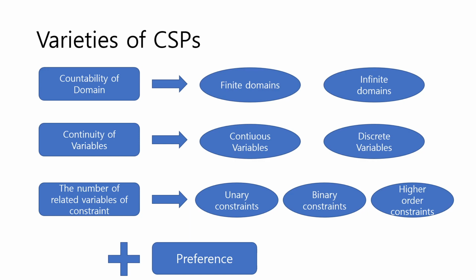Depending on the number of variables related to a constraint, they are divided into unary constraints, binary constraints, and higher order constraints involving 3 or more variables. Moreover, we can select a certain solution among the other solutions by considering preference. It can be set as a soft constraint.